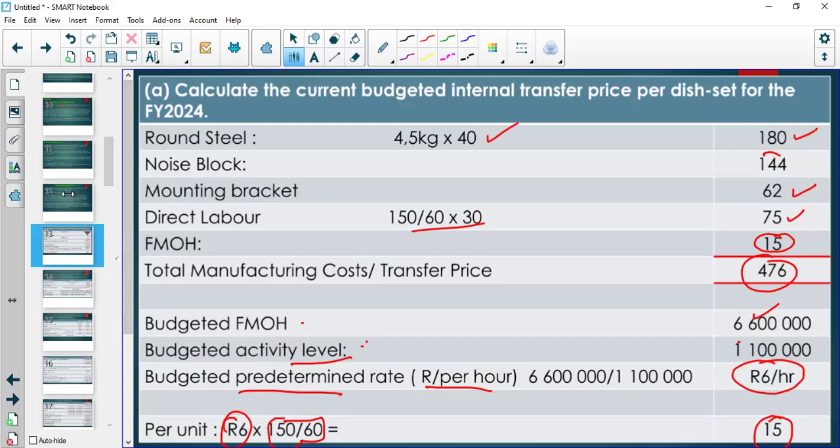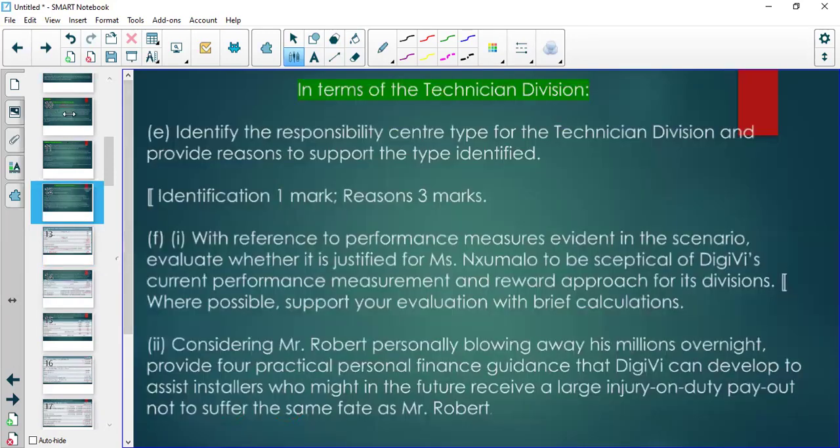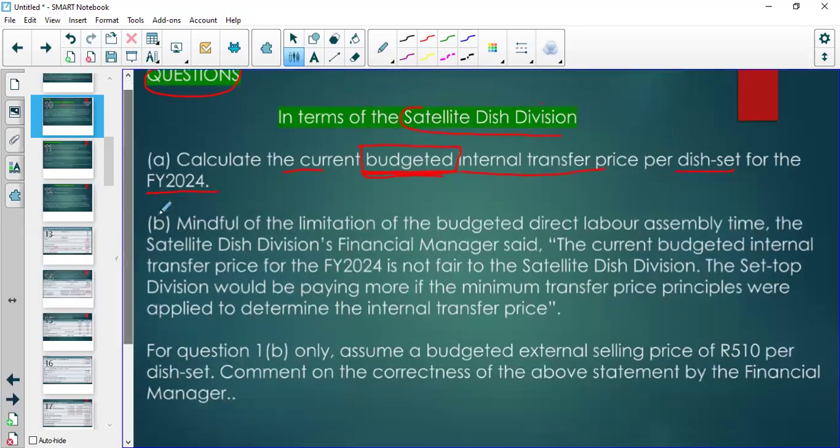Then the second question, question B, is mindful of the limitation of the budgeted direct labor assembly time, which leads us to 440,000 units. The satellite dish manager said the current budgeted internal transfer price is not fair.